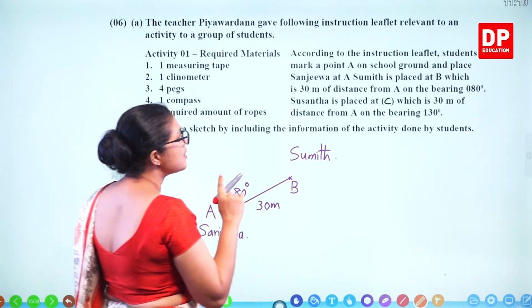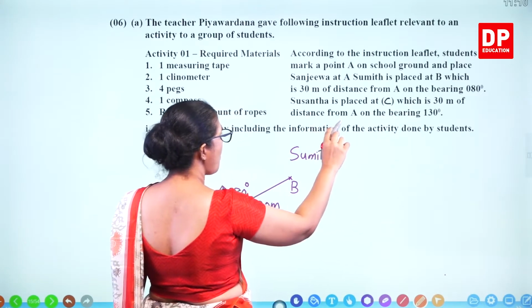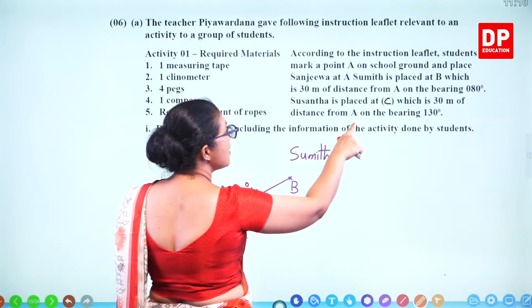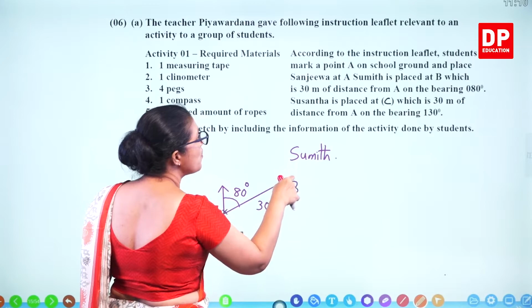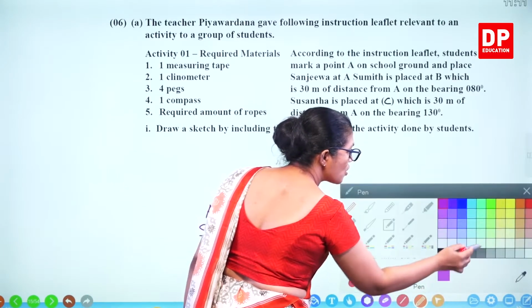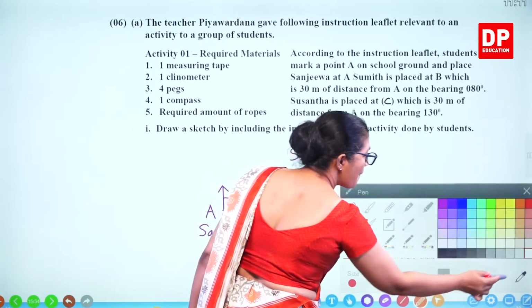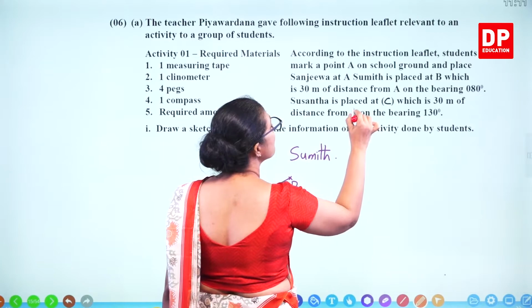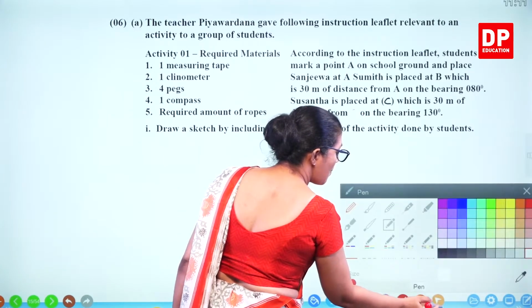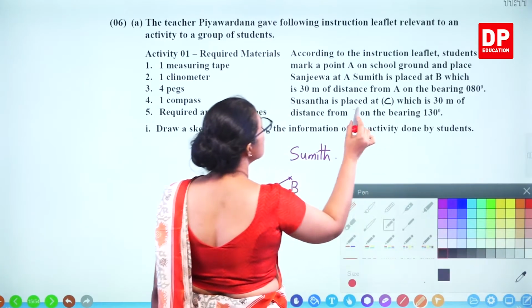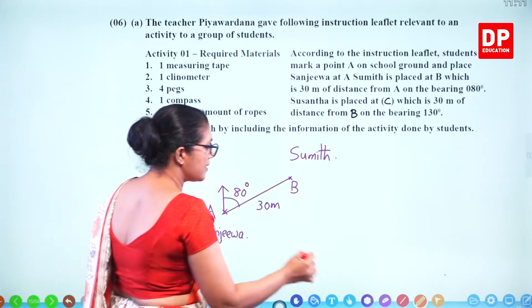Now Susantha is placed at C, which is 30 meters of distance from A. Here this should be B, not from A. Now Susantha from Sumit. So I'll change this question. Here this should be C compared to, this is from B on the bearing 130.